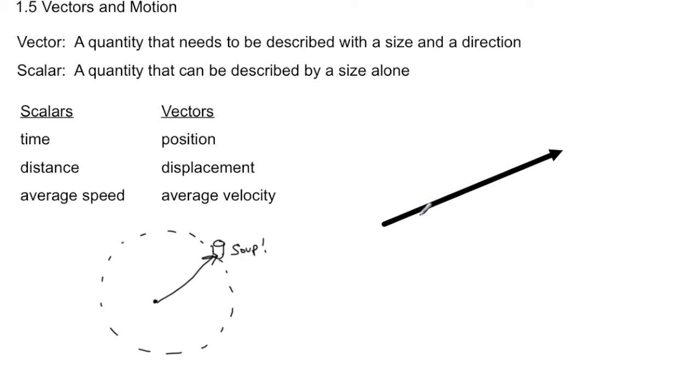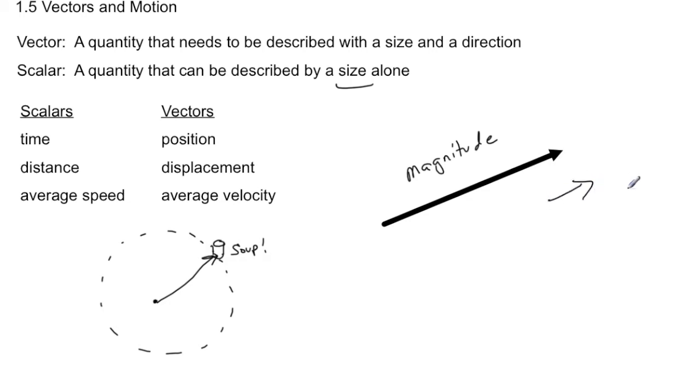And the way that we represent the magnitude is by looking at how long the arrow is. A longer arrow represents a greater magnitude, a greater size. The way that we represent the direction is by looking at which way the arrow points.